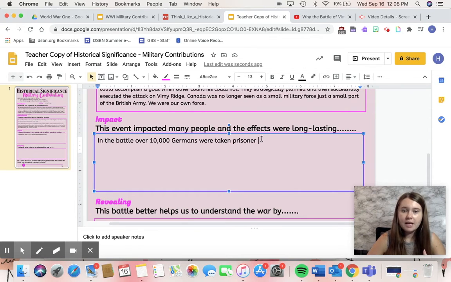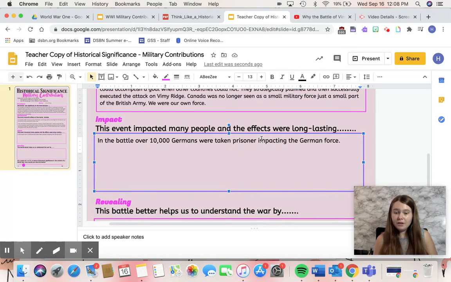So in the battle, over 10,000 Germans were taken prisoner, impacting the German force. We also learned, in the Veterans Affairs article, they use a really good term.